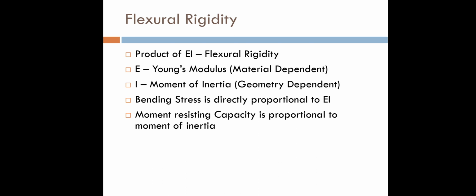So I can say that moment resisting capacity is directly proportional to the moment of inertia, because Young's modulus will be constant throughout, but the varying factor will be the moment of inertia. Therefore it is proportional to the moment of inertia itself.